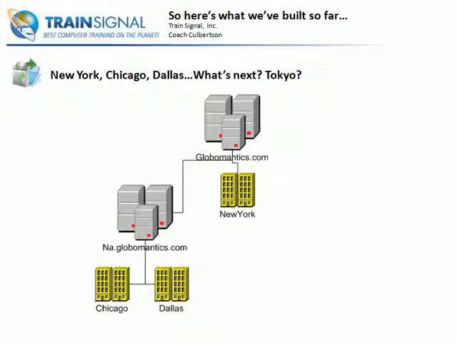So, here is what we have built so far. Okay, we've been kind of building all this all the way along. We built our globalmatics.com top forest root domain. We've built Chicago, and now we have added our Dallas location as well. But I want to go ahead and zoom in on Dallas a little bit, and I want to talk with you a little bit about Dallas here.